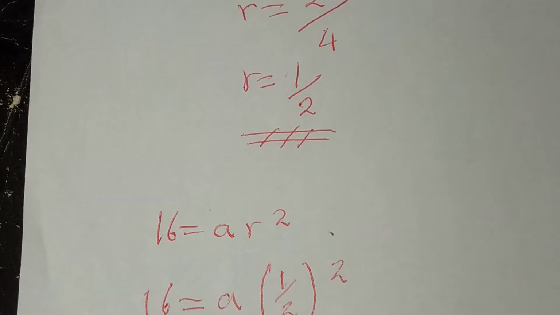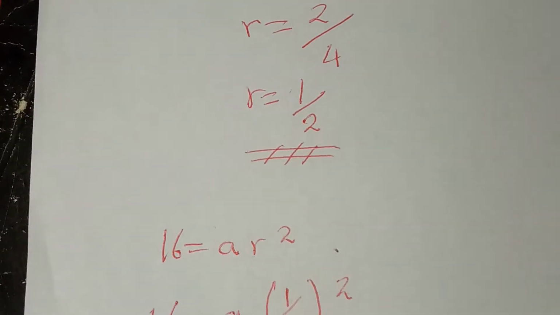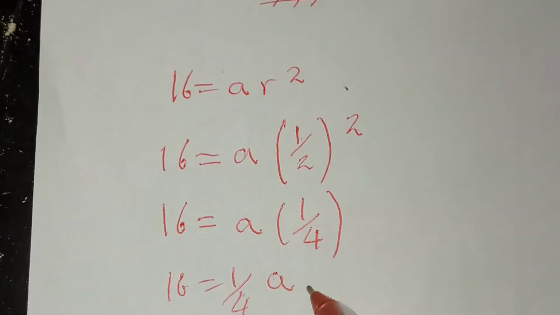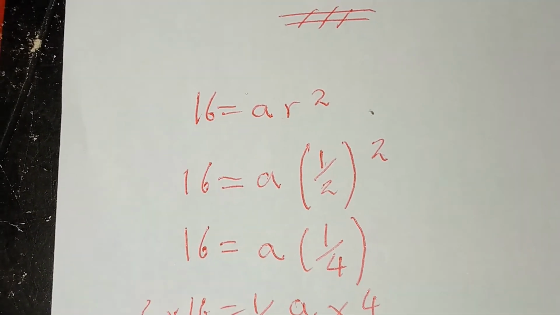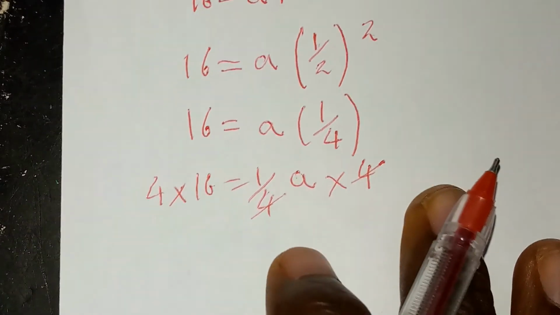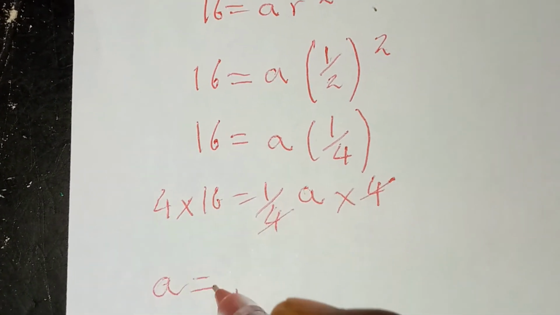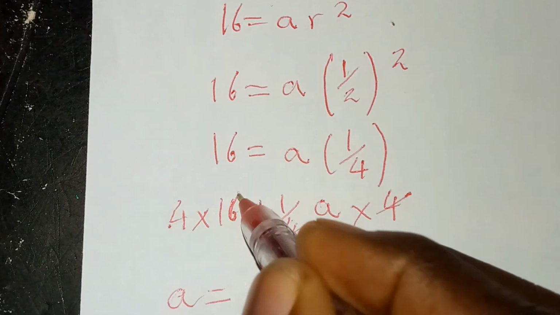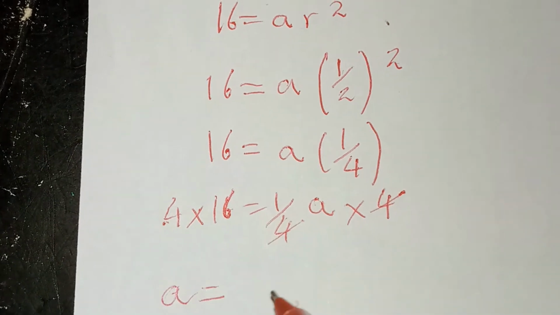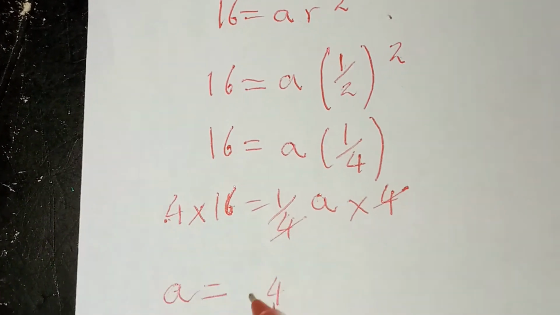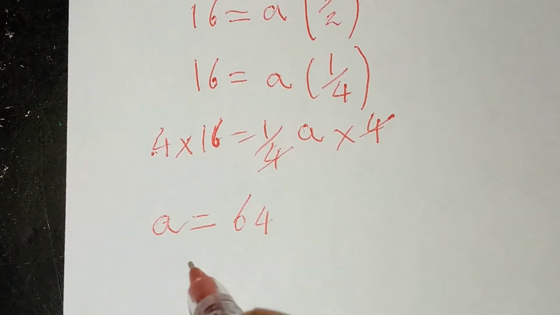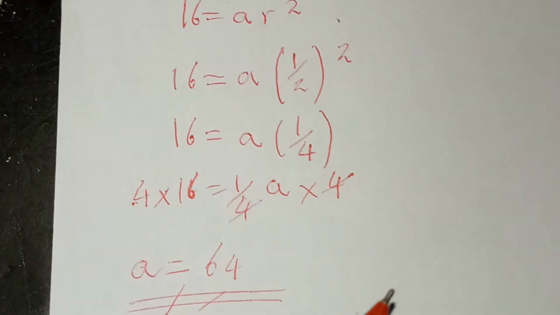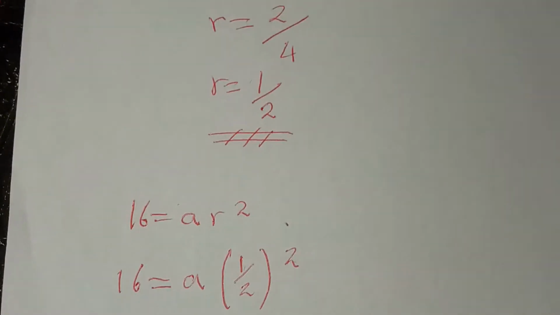Then 16 is equal to 1 over 4 a. We find the reciprocal of 1 over 4, it will be times 4, on the other side also times 4. The 4 and 4 cancel out. Finally, a will be equal to 4 times 16. 4 times 6 is 24, 4 remainder 2, so it will give us 64 as the first term. This question carries 3 marks in paper 2 of the mathematics paper. You are required to use a calculator.